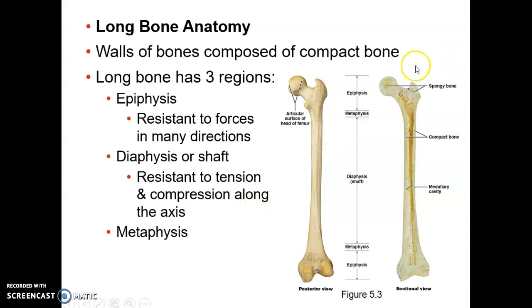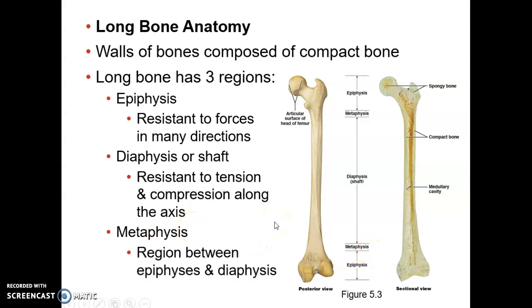And then finally, the metaphysis is the region of the long bone that's between the epiphysis and the diaphysis. So a metaphysis down here as well. So there's a proximal metaphysis and a distal metaphysis. Plural would be metaphyses. Right?